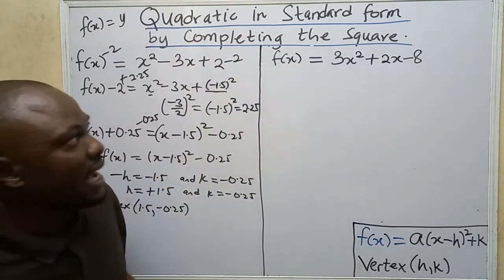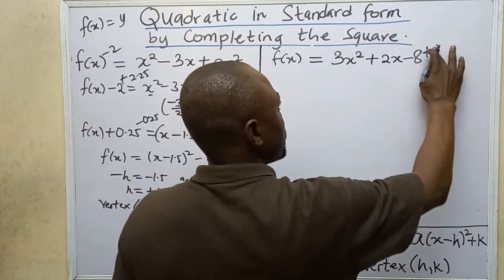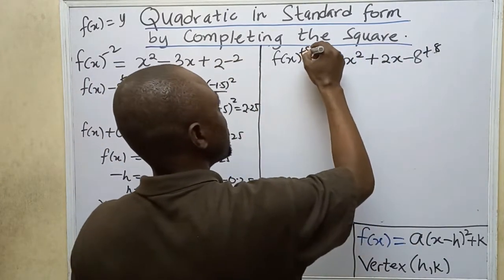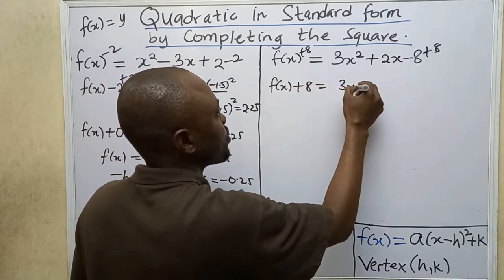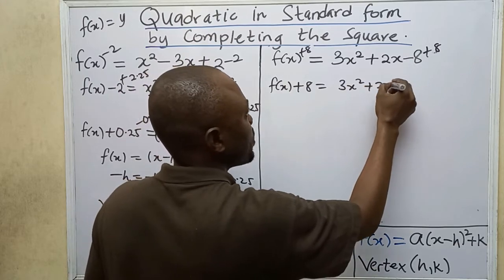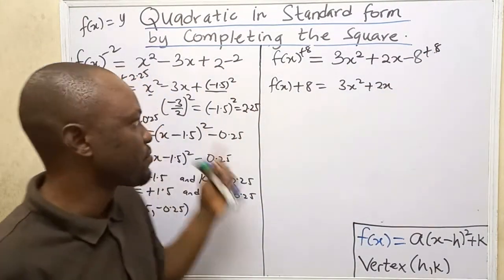All right, now let's solve the next problem. Here I have a leading coefficient of 3. So the first thing, I'm going to add 8 to both sides of the equation. So my f of x plus 8 equals 3x squared plus 2x, minus 8 plus 8 is 0. So in this case, it will be different from this.